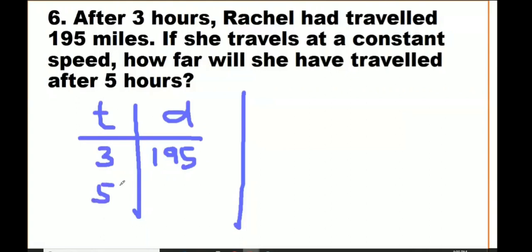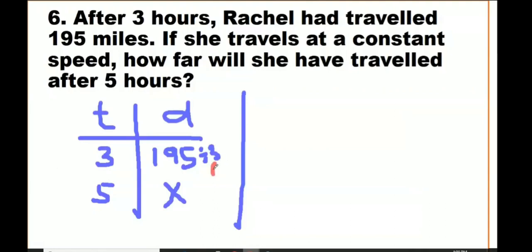All right. So we will represent again the unknown distance as x. So let's find out the scale factor. 3 times what gives you 195, or 195 divided by 3. So 195 divided by 3 is 65.